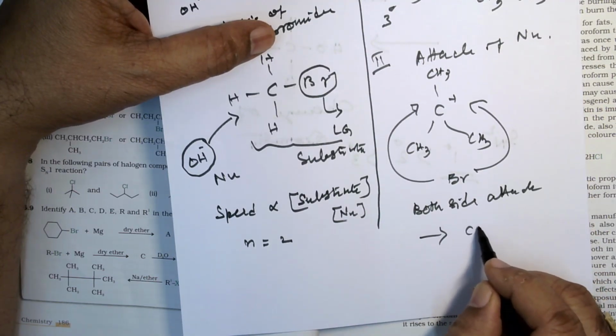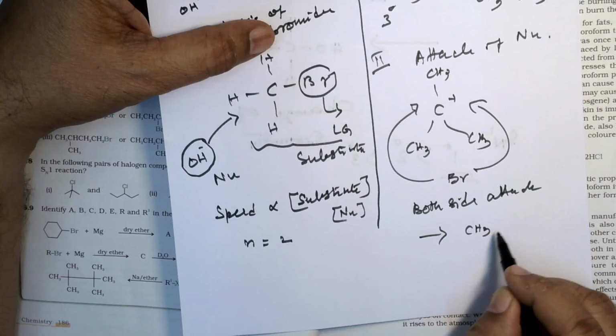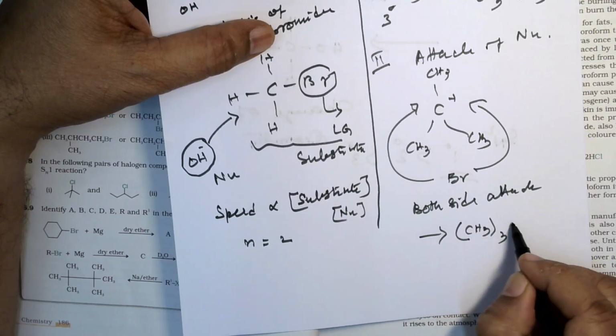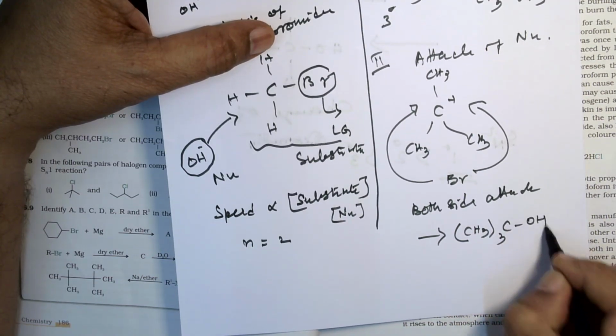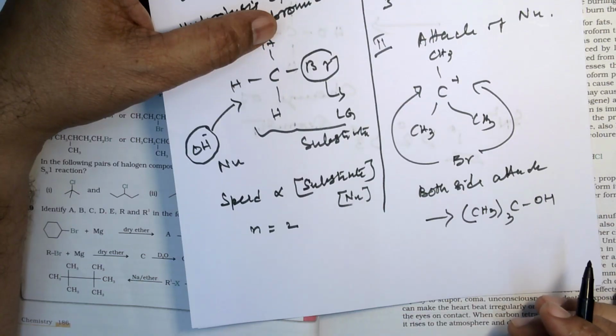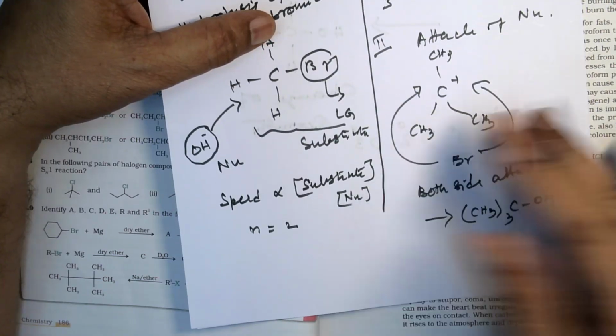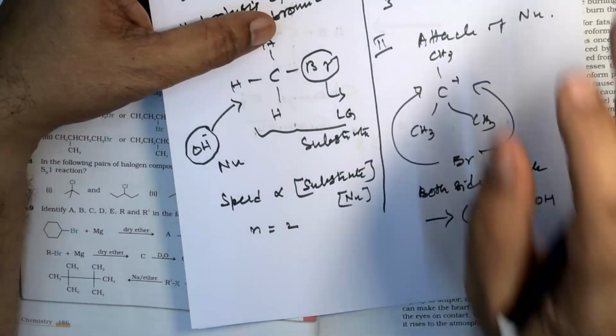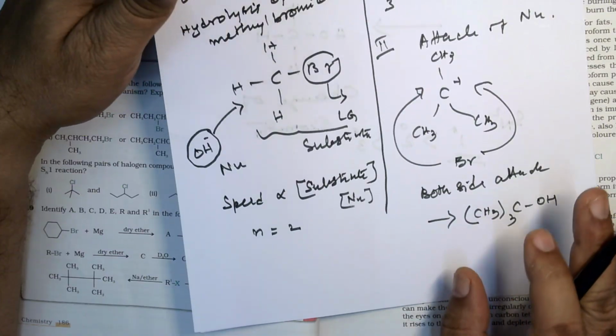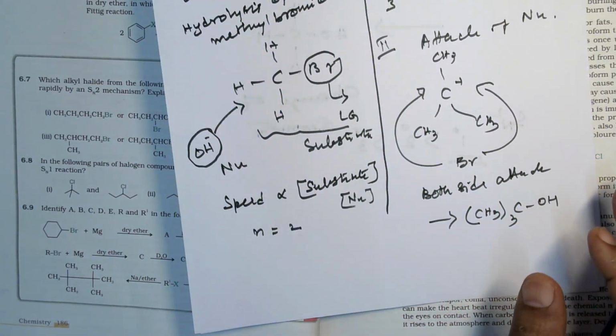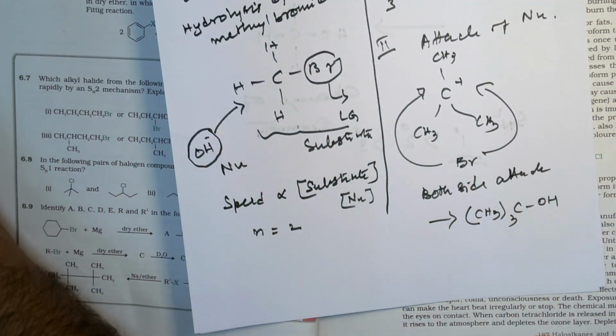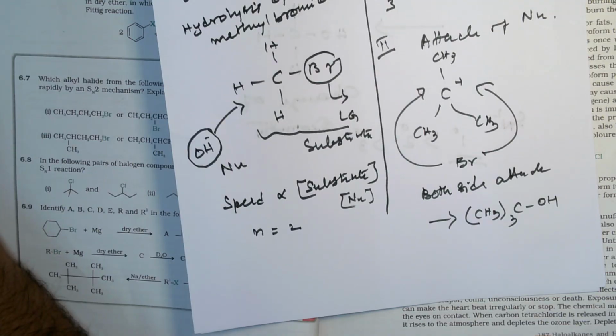Therefore, (CH3)3C and then OH. You are able to get the tertiary alcohol. Okay, and the leaving group has already left in the first step itself. Got this point? So that is why we consider this as the slow step.